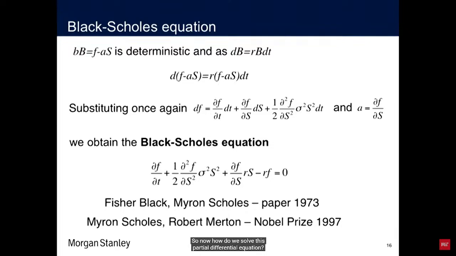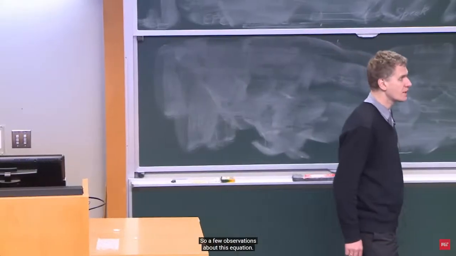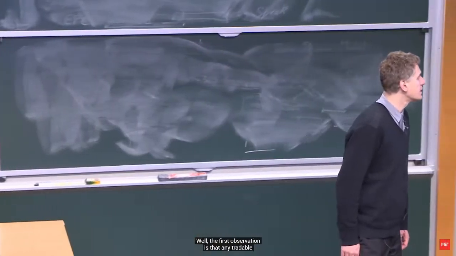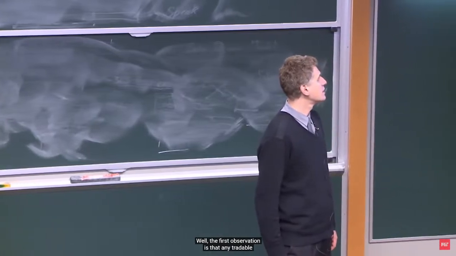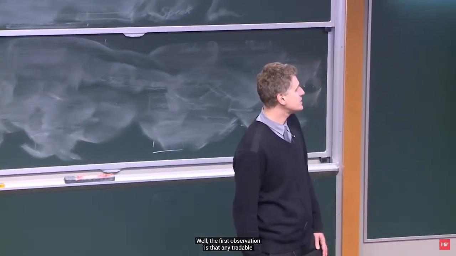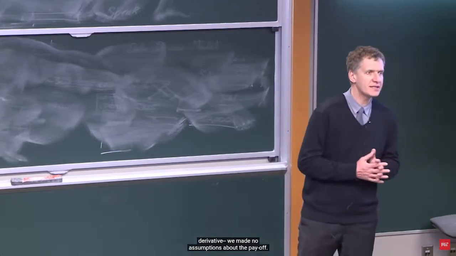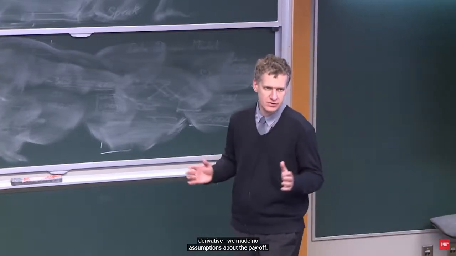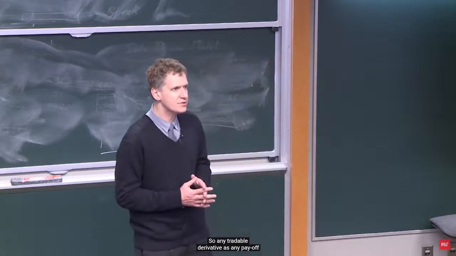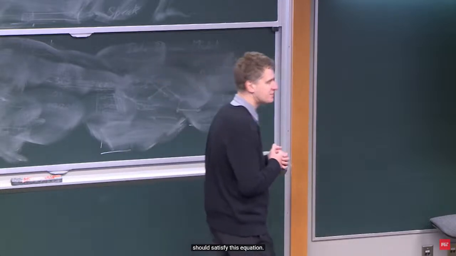If we solve it, then we should be able to know the price of the derivative. So now, how do we solve this partial differential equation? Well, a few observations about this equation. The first observation is that we made no assumptions about the payoff, so any tradable derivative with any payoff should satisfy this equation.